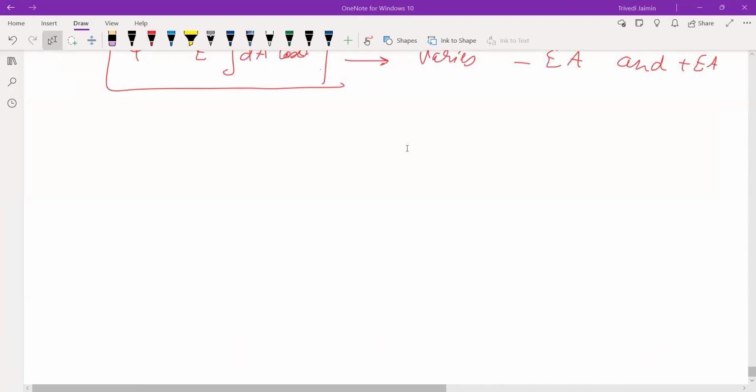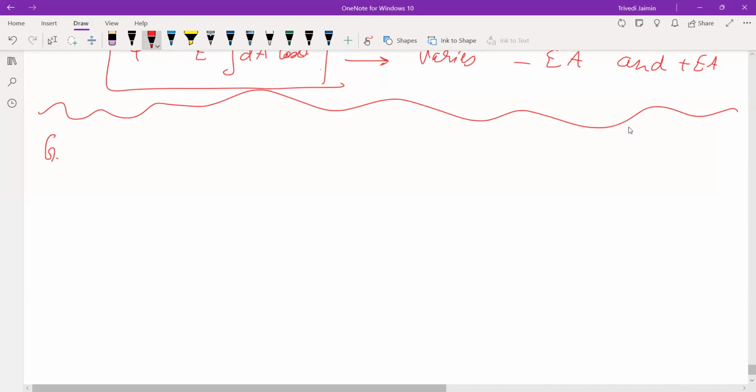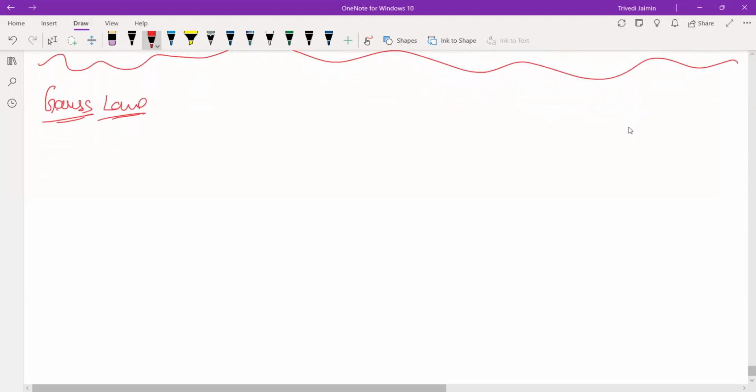Next topic is your Gauss law. That is also very important. Gauss law is a very simple thing.